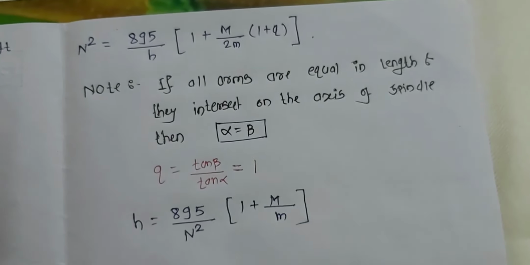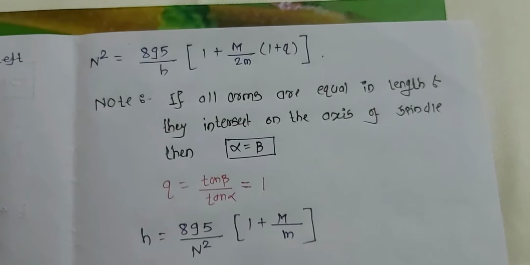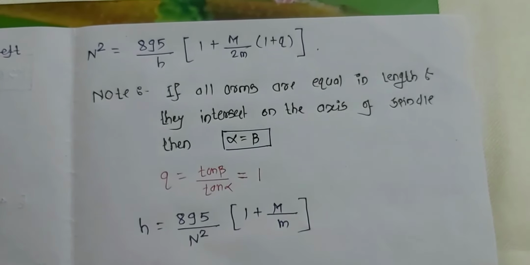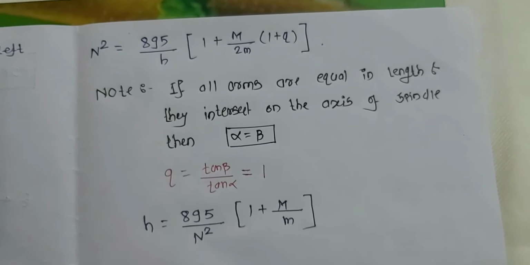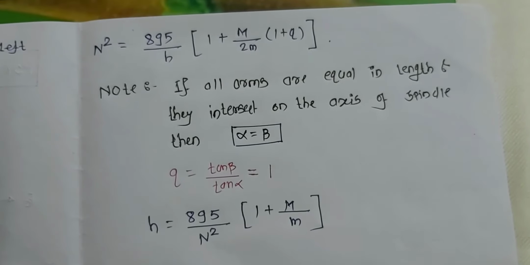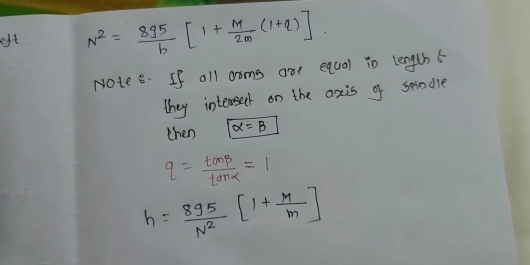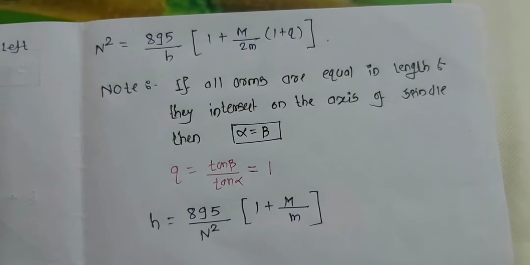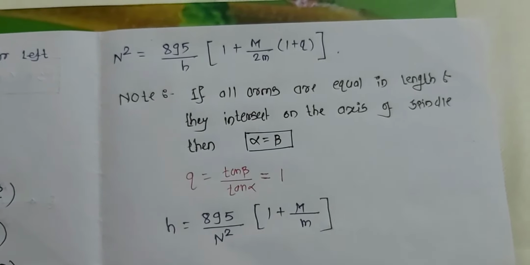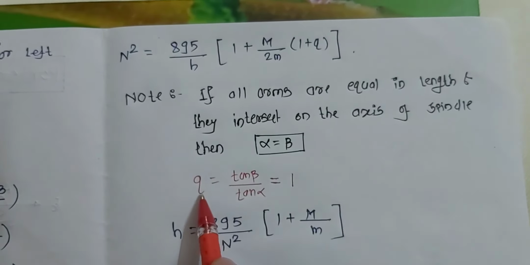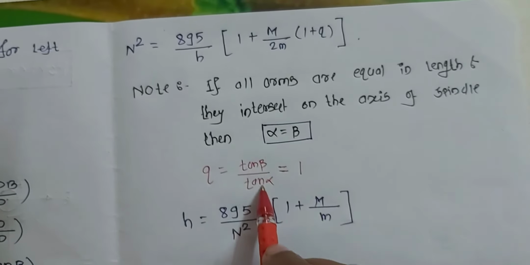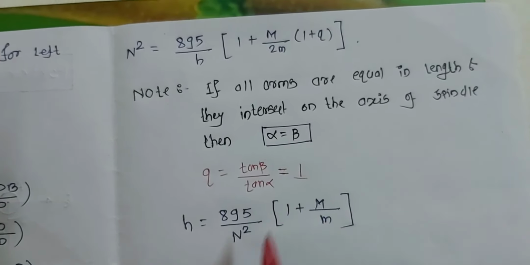Now one more important thing, in some questions they have provided the data likewise. If all arms are equal in length and they intersect on the axis of the spindle, meaning the upper arm and lower arm are both equal in length, then the angle of inclination with the vertical alpha is equal to beta. So when these both arms are equal, we are assuming q is equal to tan beta by tan alpha, and if both angles are equal then you will get q value is nothing but 1.